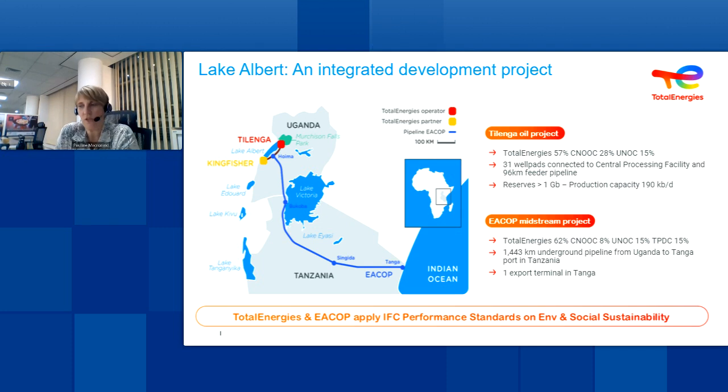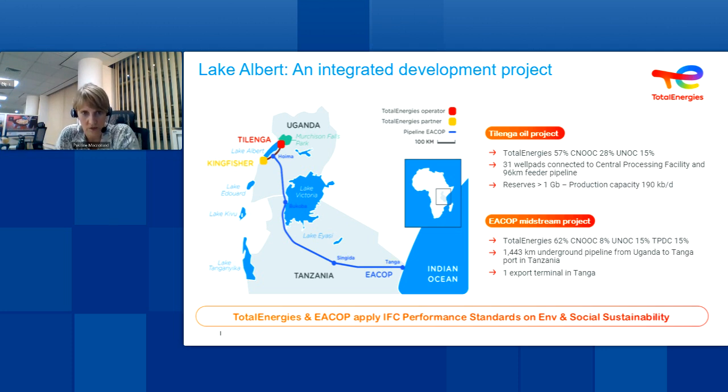So a little bit about Lake Albert. Lake Albert is located in northwestern Uganda. There is an integrated development project ongoing. So there are 3 parts to this project. The first is the upstream part, which is really 2 developments. So we have the Tilenga oil project.